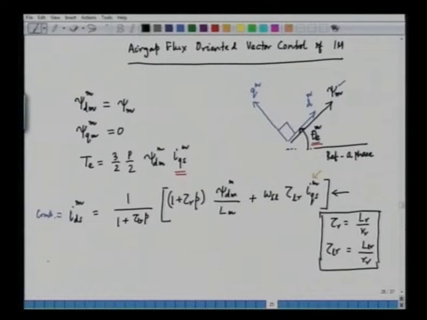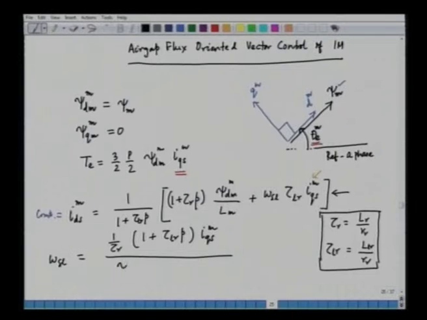The equation for slip speed that we have obtained in the last lecture was omega SL equal to 1 by tau R into (1 plus tau LR p) into IQS m divided by (psi dm by Lm minus tau LR by tau R IDS m).